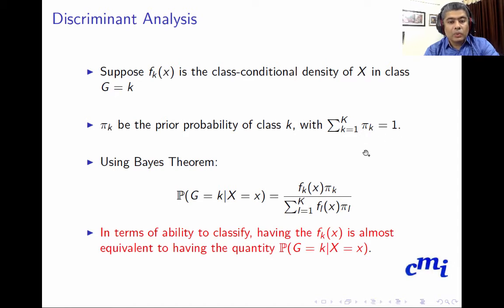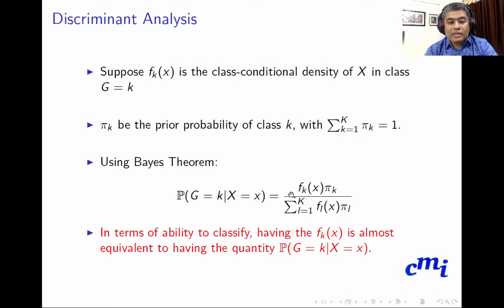Then you can apply the Bayes theorem in a straightforward way, and that will give you the Bayes probability, or the posterior conditional probability, that given the value of x, the phenotypes, tells which species it belongs to. In terms of ability to classify, having the f_k's is almost equivalent to having the probability of G = k given x.